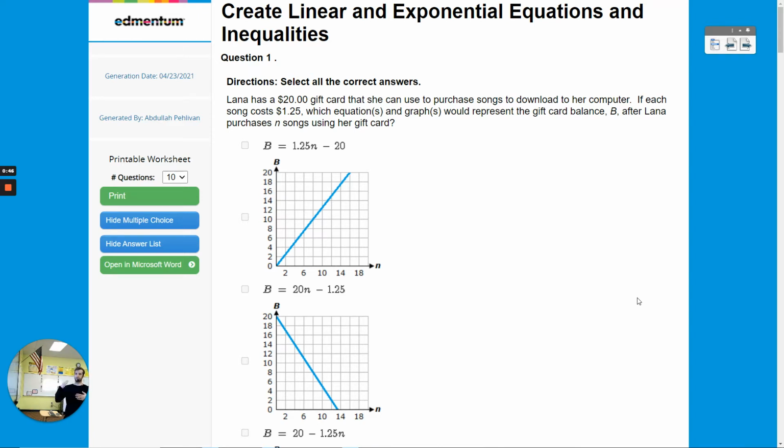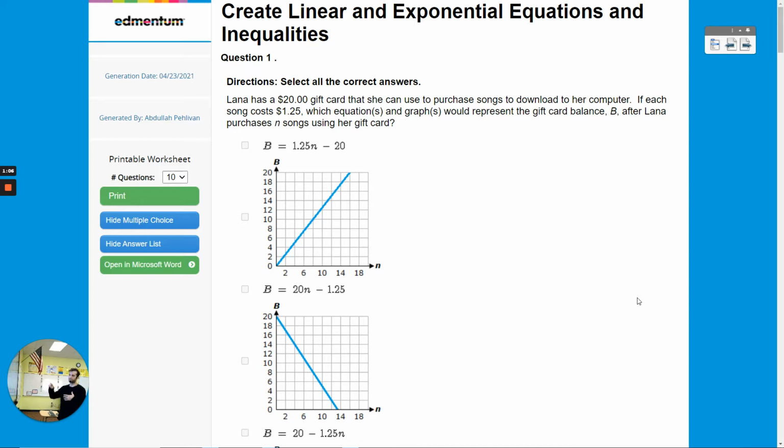So obviously the amount she has is going to decrease. She has a $20 gift card. As she purchases more, the balance left is going to be smaller than $20. Which is why the first one is wrong.